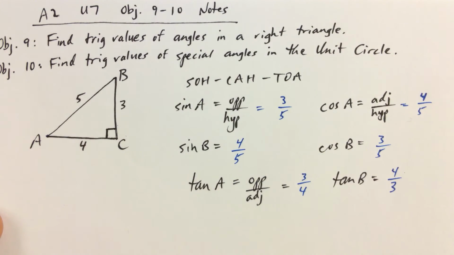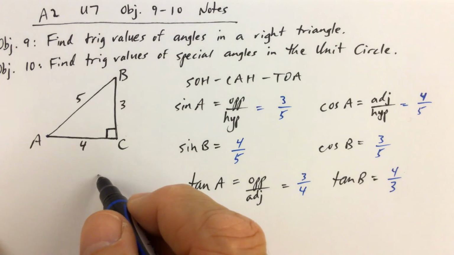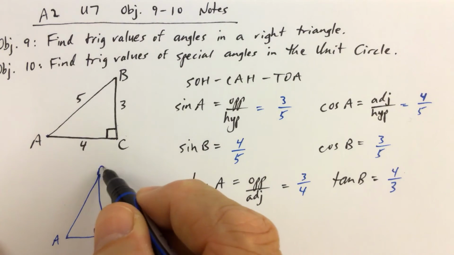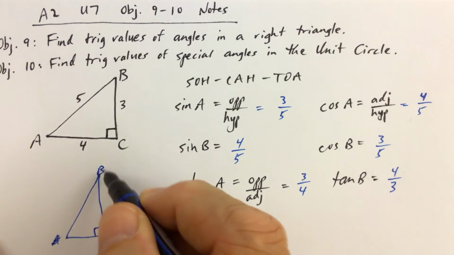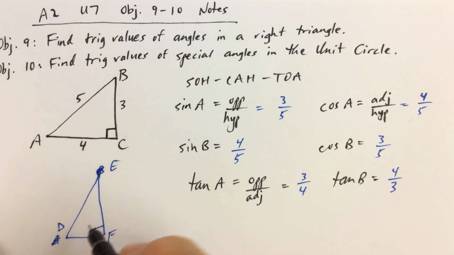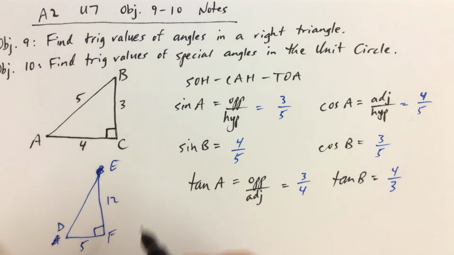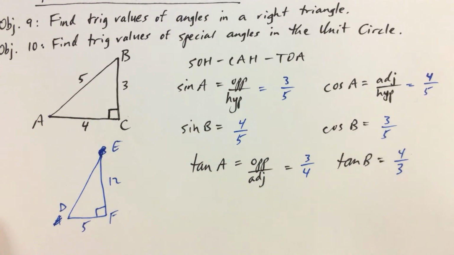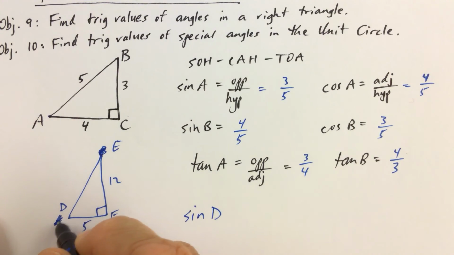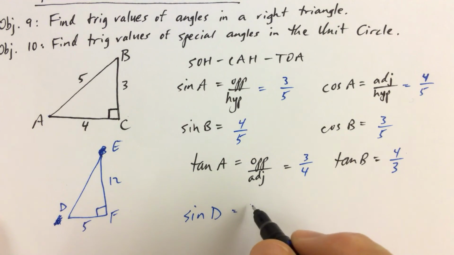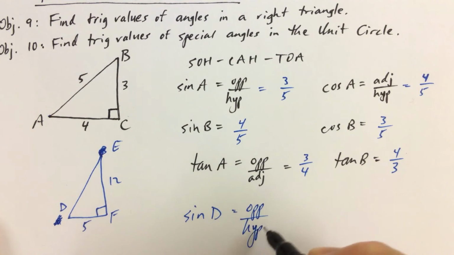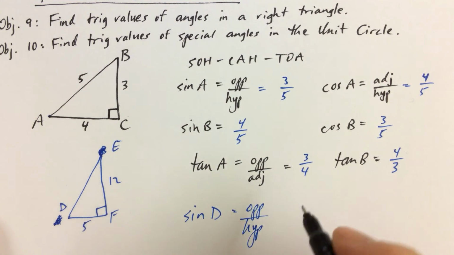So you look at a right triangle, maybe you'll have to actually come up with an angle or a side length. So maybe you get A, B, and C. I should use different letters here just in case someone sees this later. D, E, and F. So if we have D, E, and F, and we have a 5 here and a 12 here, and you're asked to find the sine of angle D. Sine of angle D, still the opposite over the hypotenuse, but they don't give you the hypotenuse, so maybe you'll have to work for that a little bit.